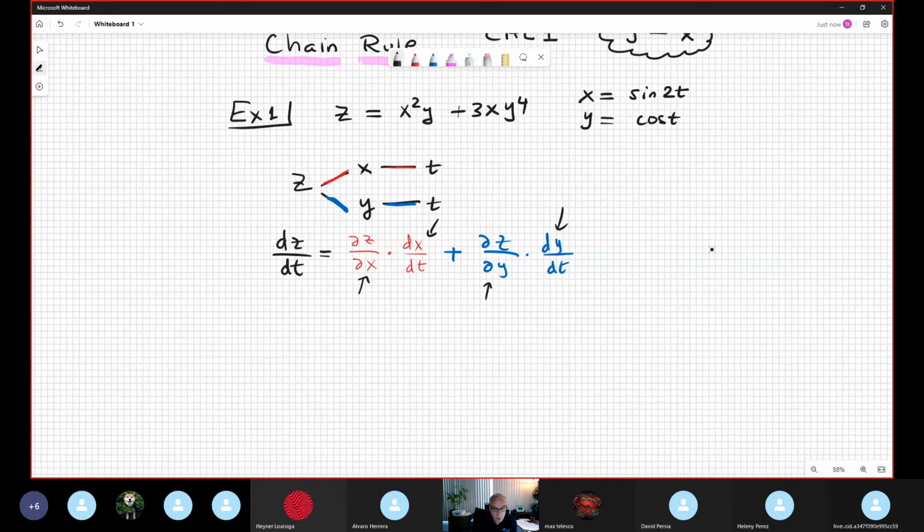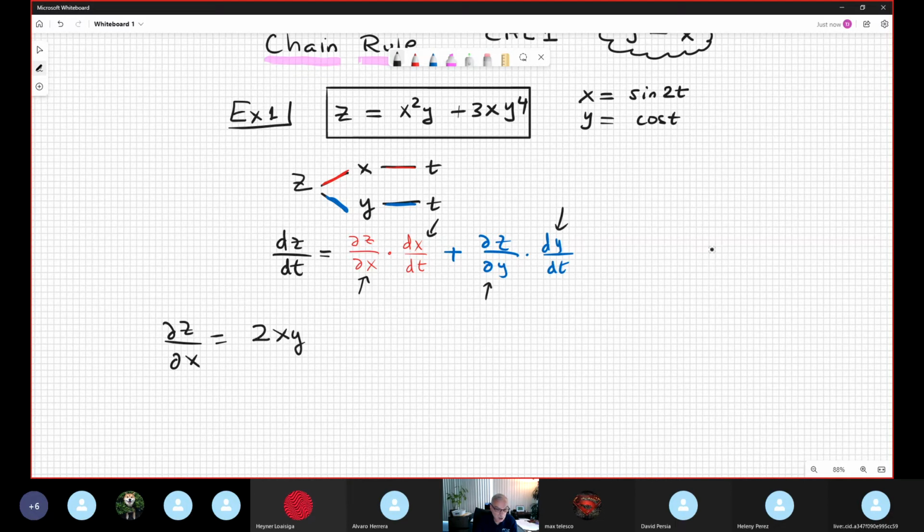So let's compute it separately, one by one. Partial z with respect to x. Now you differentiate this expression with respect to x. Obviously it is 2xy plus 3y^4, correct?